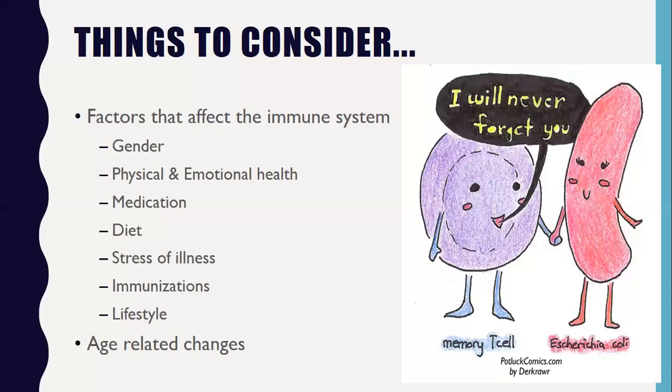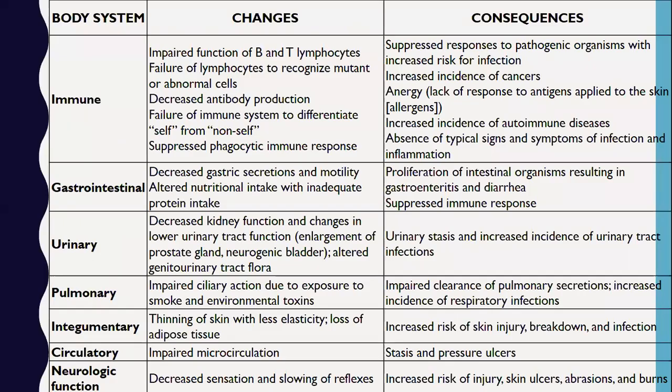So the next slide has a chart. So let's go ahead and go to that. That's going to talk about all the things that affect age-related changes in immunity. You have this slide on your PowerPoint, so I'm not going to read it to you because I think you are all perfectly capable of going over it.